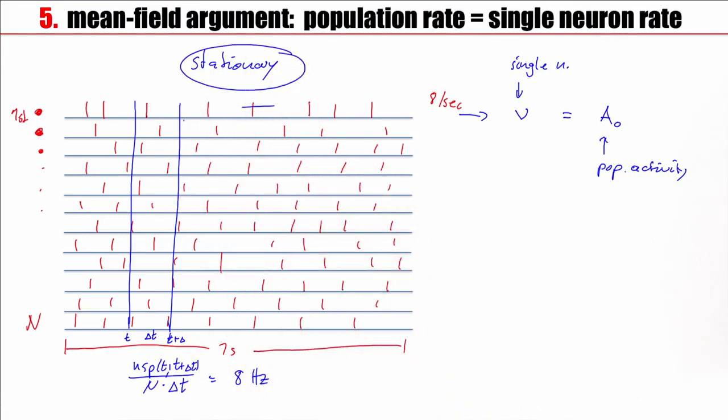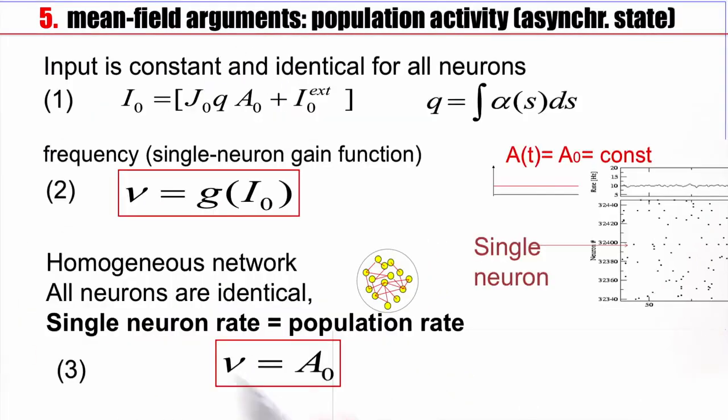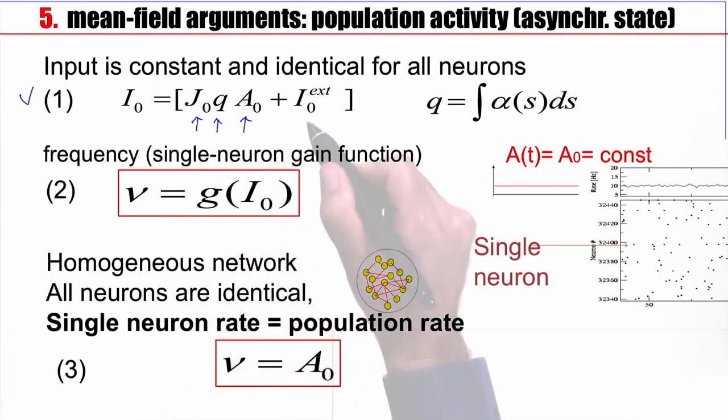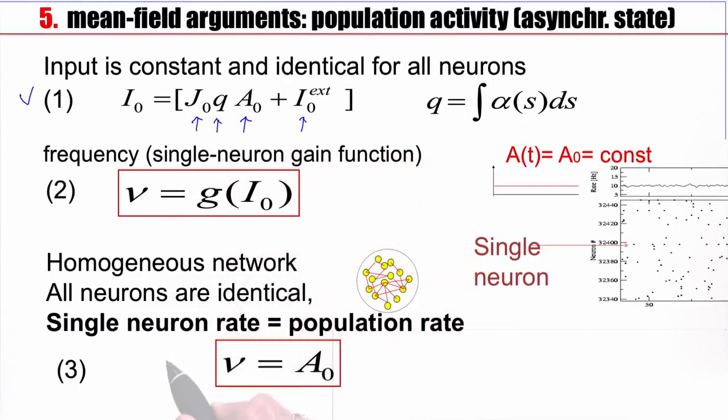Now let's put things together. So we have a first result that says in a stationary state, the input can be calculated from the stationary population activity, connectivity parameters, and some constant, and the external input. Then we have a second result that says the FI curve or gain function tells me the firing rate for a single neuron for given constant input.